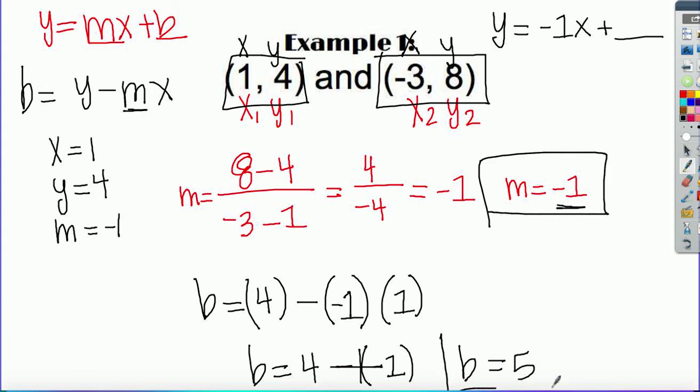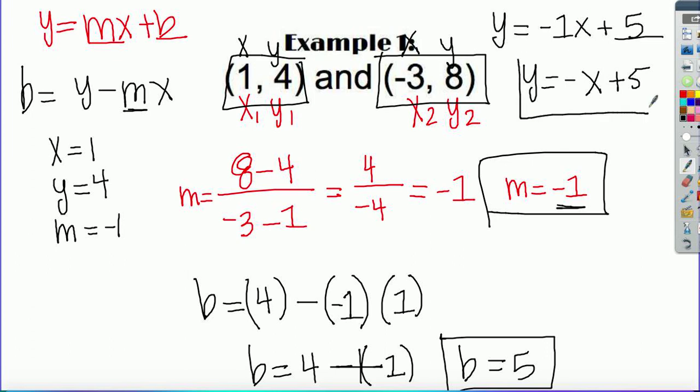Now we have our y-intercept, and we can complete our equation. The y-intercept is a positive 5. So the equation of the line that these 2 points lie on is y equals -x plus 5. You can write -1, it means the same thing, or you can also see it as just -x plus 5.